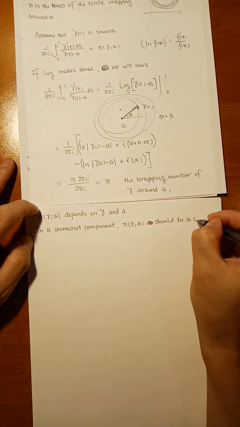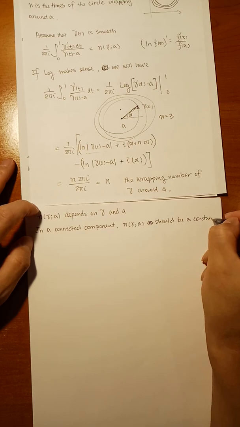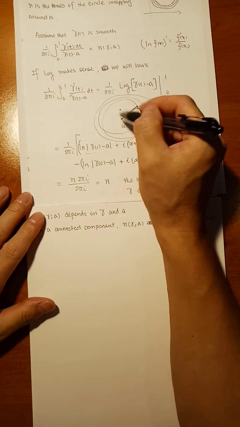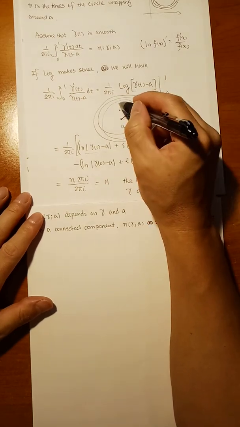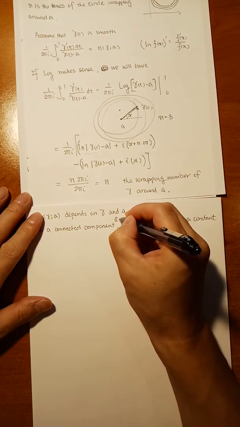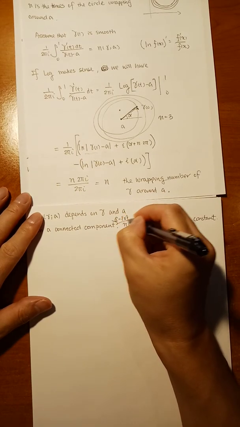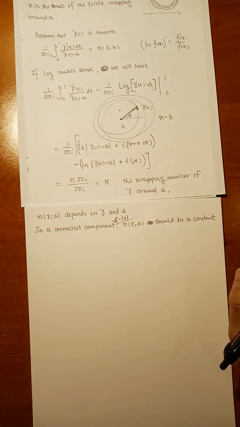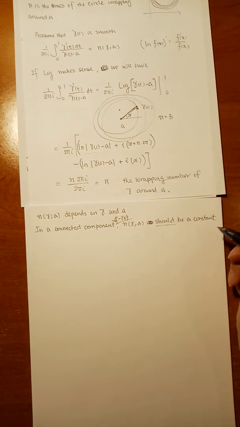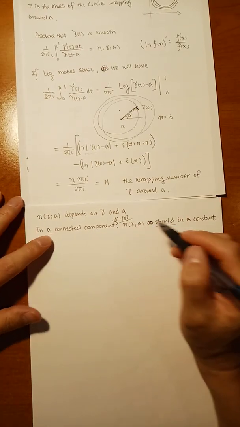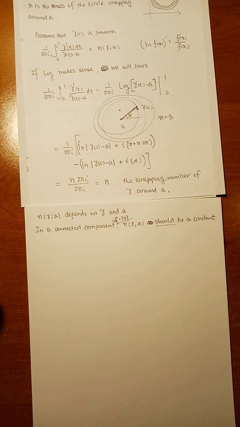So it means in one connected component of the region surrounded by gamma, which is actually C without gamma, without the trace. When you remove the boundary, you will have different regions. That's our observation. So in each connected component, it only depends on gamma, not on A. Every A will give you the same quantity.